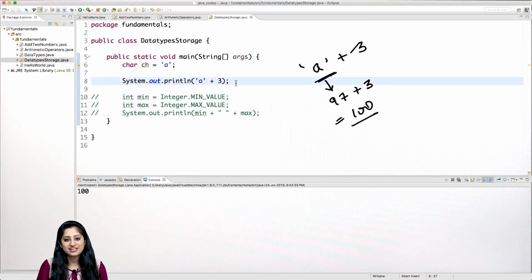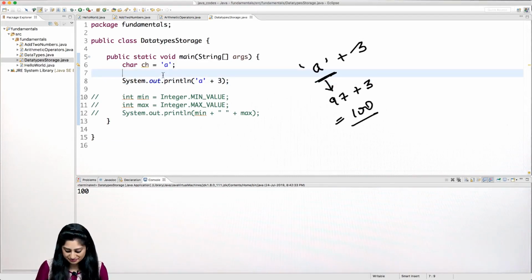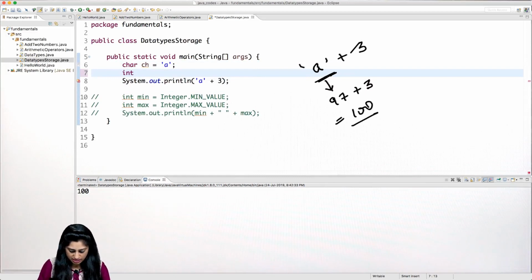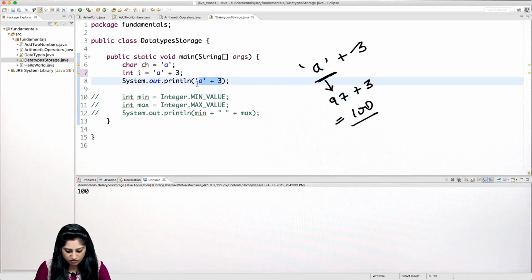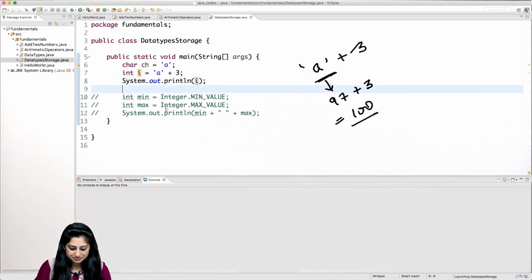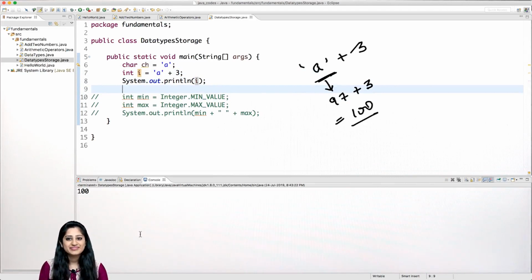Right? So you can definitely do this. This is absolutely okay. In fact, you can store it in an integer, maybe i, and then print i, obviously. Printing i is going to give you 100, right?